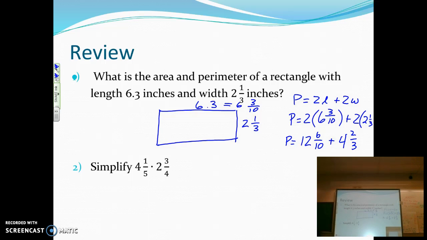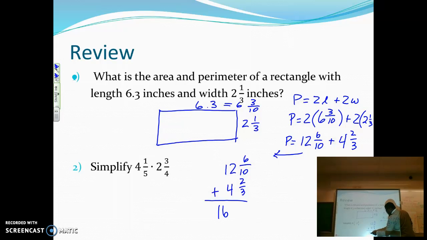What needs to happen from here in order to combine these for the perimeter? We must first add the whole numbers and then add the fractions using a common denominator. So we have 12 6/10 and 4 2/3. 12 plus 4 is pretty easy, we get 16.